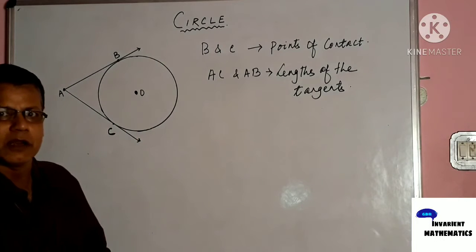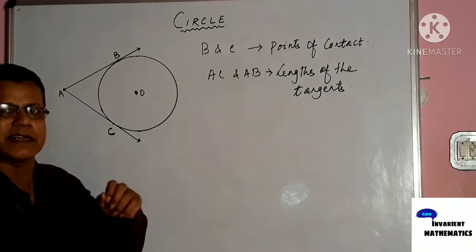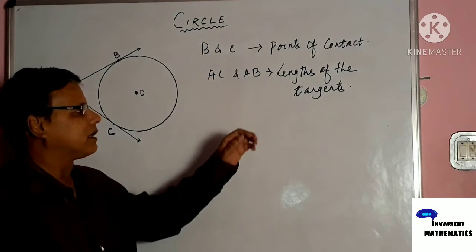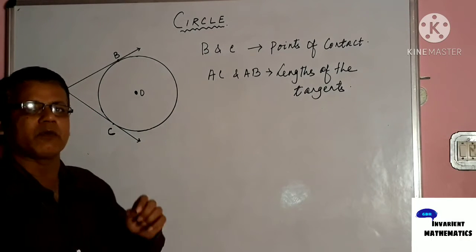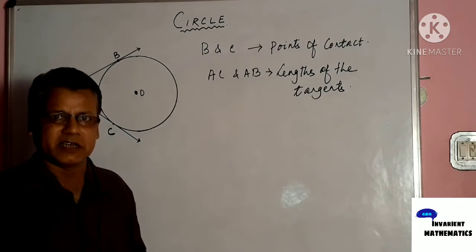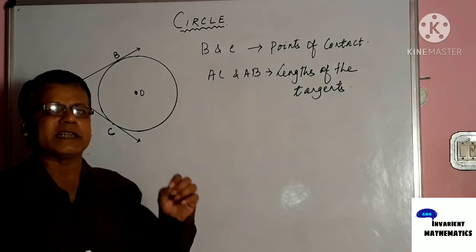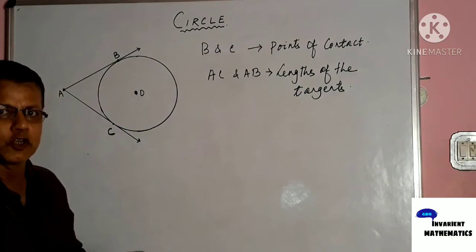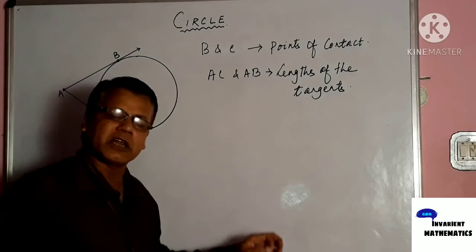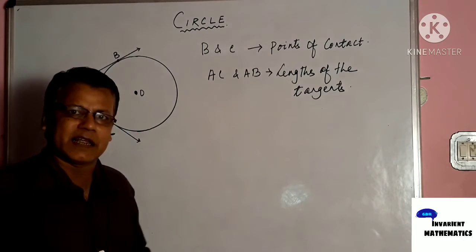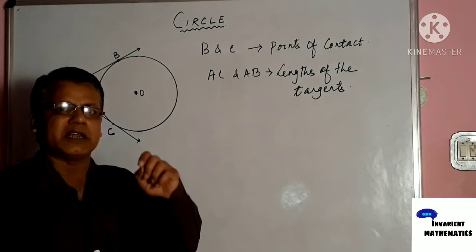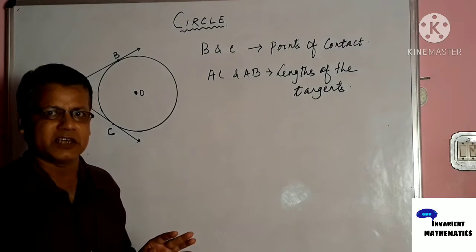So now let's recap it. What is a tangent? When a line meets the circle at one point only, that is called a tangent. Through an interior point of a circle, no tangent can be drawn. Through a point on the circle, only one tangent can be drawn, and a circle has infinite number of tangents.